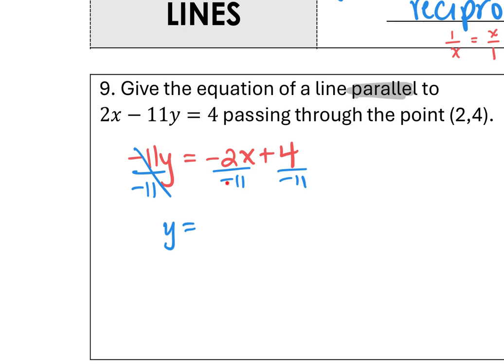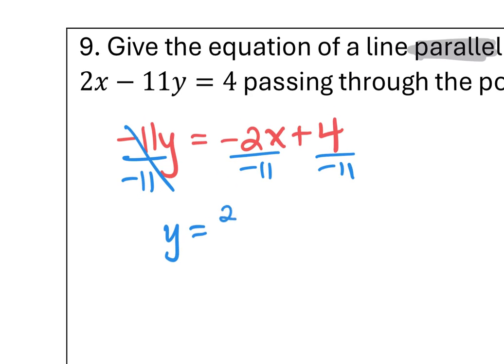So this is not going to divide evenly, but when we simplify a negative divided by a negative, this slope is actually going to be a what? Very good. So this is a positive 2 over 11x. And then we don't really care about the y-intercept, but it's negative 4 over 11. But we don't really care. The only thing we need from this equation is its slope, because our slope is going to be the same, because the lines are parallel.